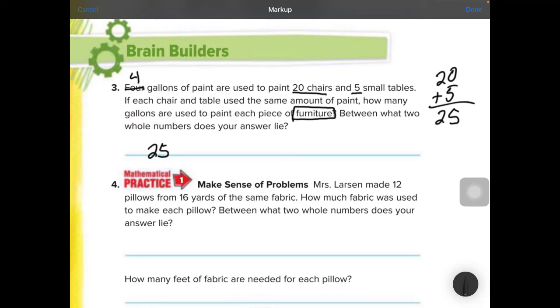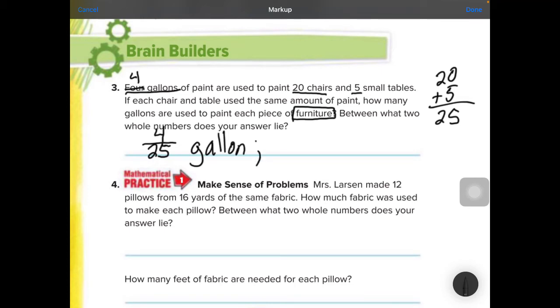That is our denominator. And what we are dividing up is the 4 gallons of paint. So we're going to put 4 gallons of paint. It's going to get divided up among the 25 pieces of furniture. So each individual piece of furniture is going to receive 4/25 of a gallon of paint.